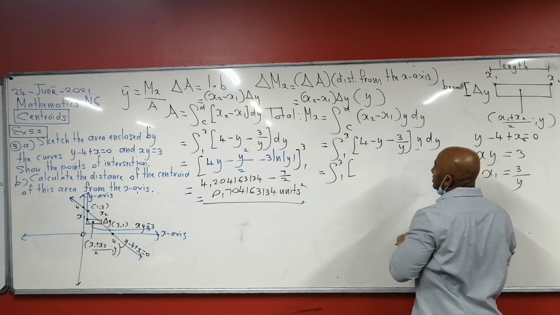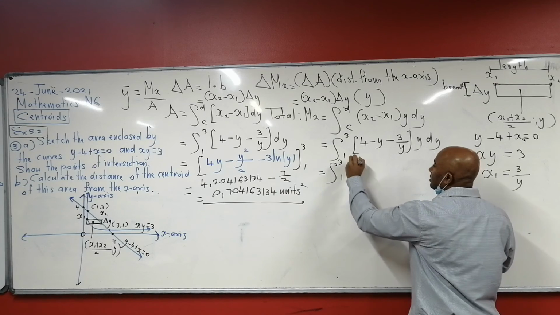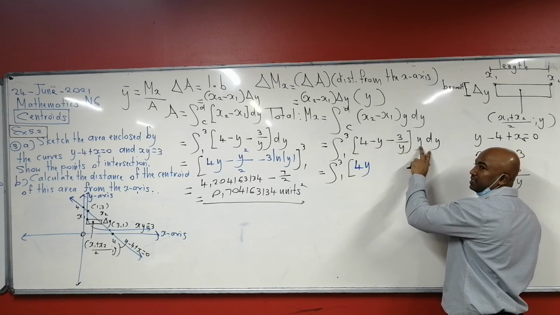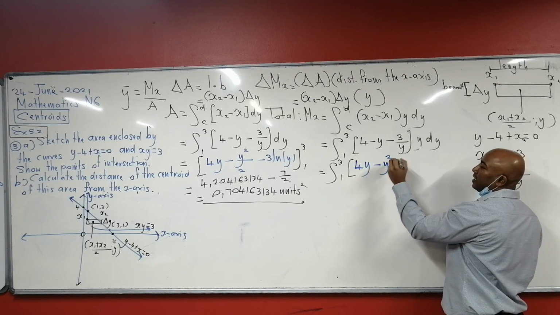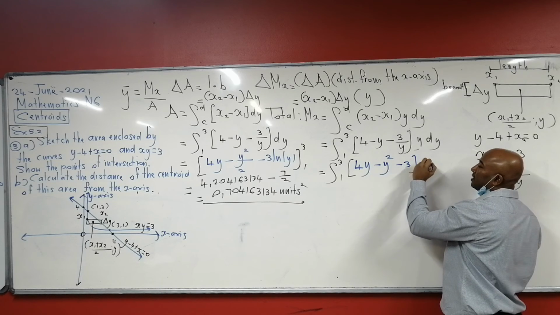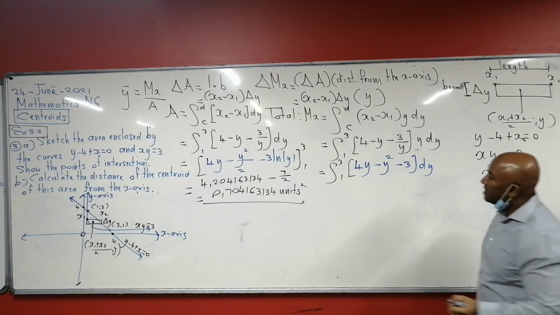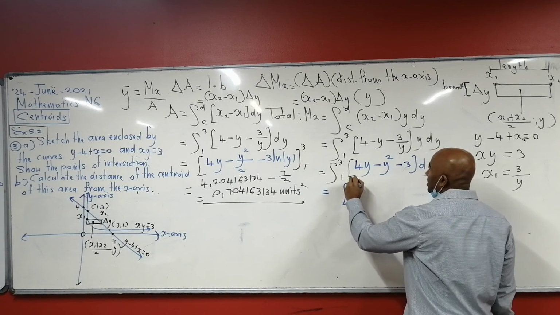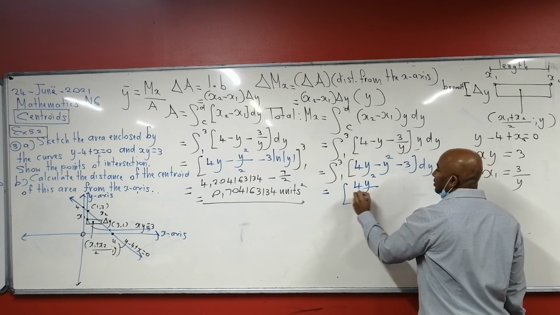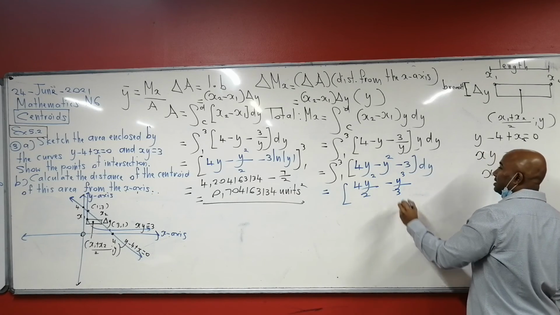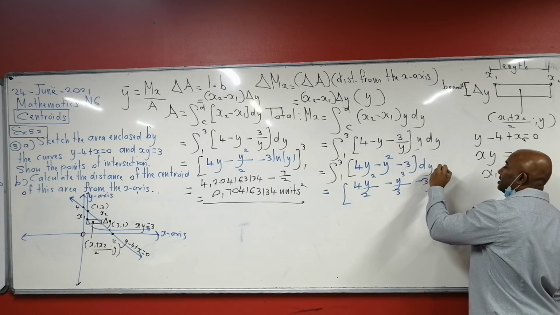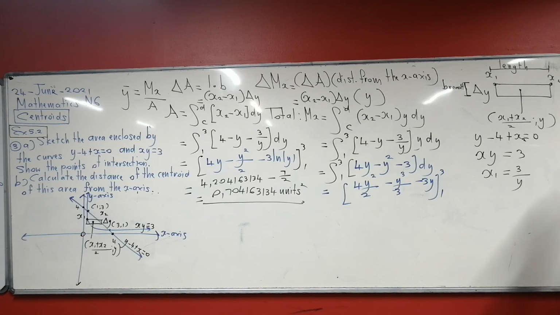So now, simplify. Remove the brackets here. 4 times y, that's going to be 4y minus y times y will be minus y squared. And minus 3 over y times y is going to be minus 3. So you simplify. Let's integrate now. This is going to be 4y squared over 2 minus y to the power 3 over 3 minus 3y. Substituting 3 and 1. Let's see what we get.